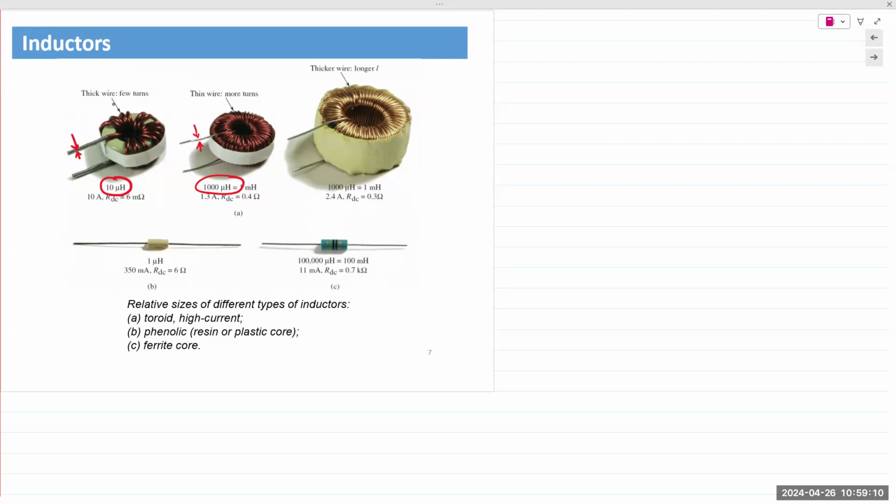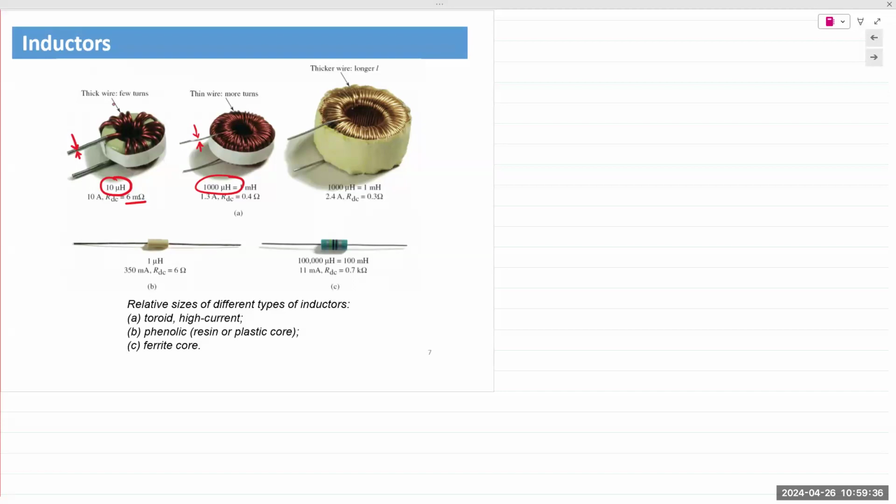Also, the wire itself, because it's thick, the resistance is very, very small. Resistance R is rho L over A. It's inversely proportional to the cross-sectional area of that wire. So the thicker the wire, the lower the resistance. The thinner the wire, the higher the resistance.